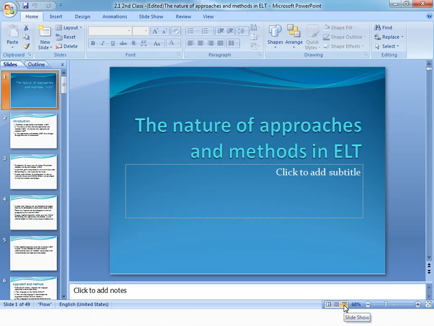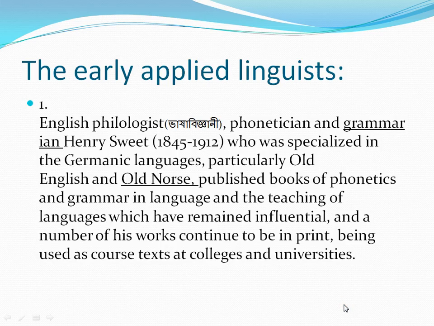We had a little discussion in the previous class on phonetics and phonology. His works remain influential, and a number of them continue to be in print and used as texts in colleges and universities.